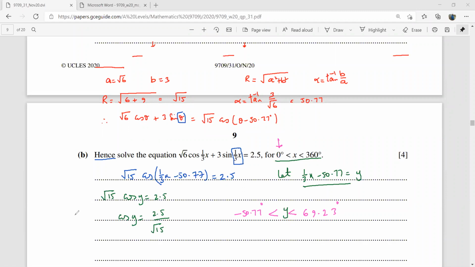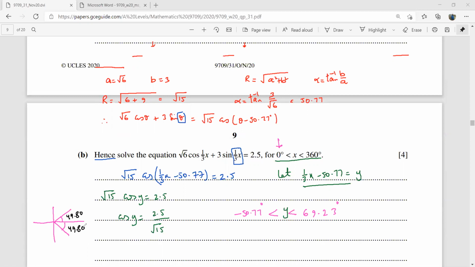Now I should have drawn that towards the right side of my work, but I'm sorry, I have space here. Now you find the cos inverse. Since it is positive, so I'm marking these two quadrants here. So the cos inverse of 2.5 over under root 15 is 49.80.